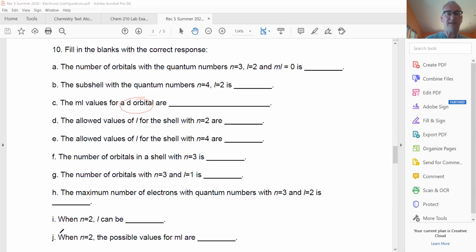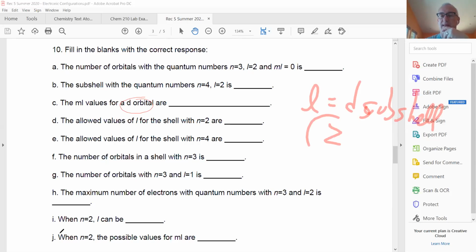Or better question, what's the value of L? What's L for a D orbital? D subshell. 2. So just by knowing that, we automatically know what the values of ML can be.